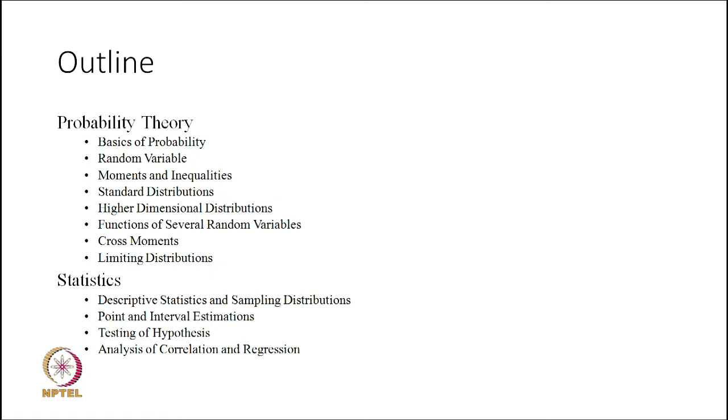In the advanced statistics courses or statistical inference courses, each one can be a separate course, but we are covering everything in one module. Therefore, these 4 modules have a very elementary level of statistics along with the probability theory.